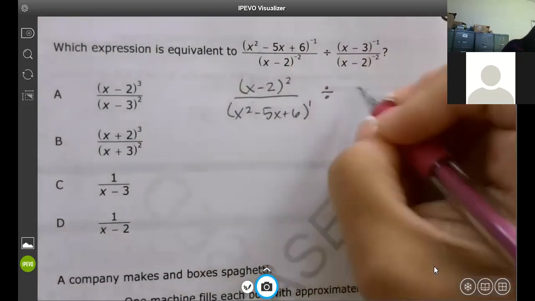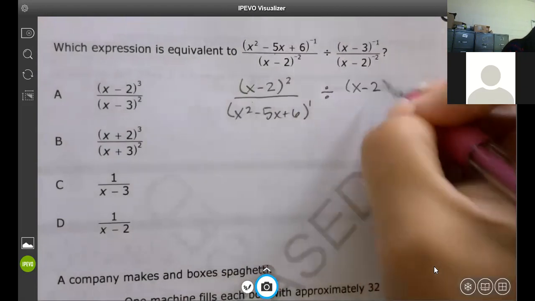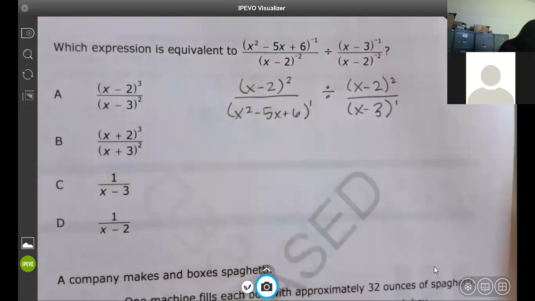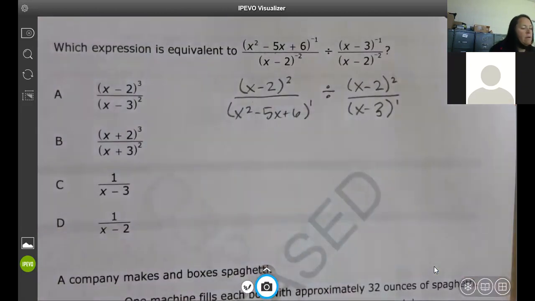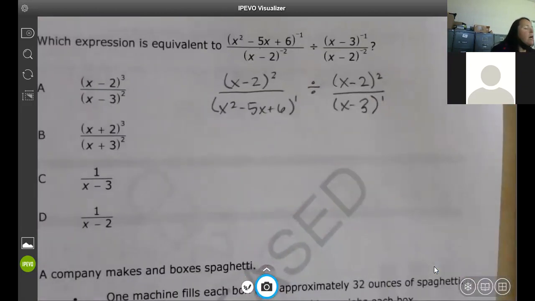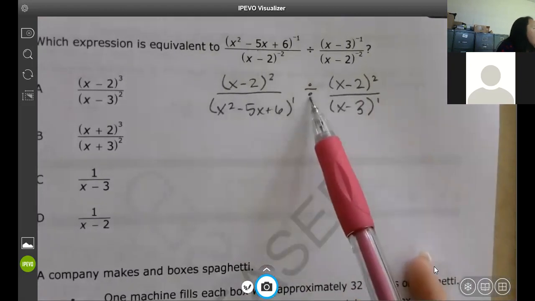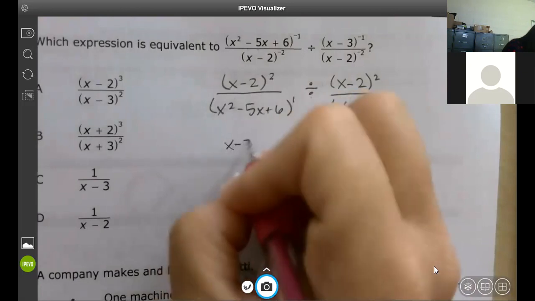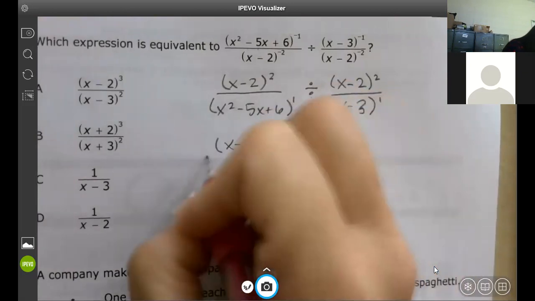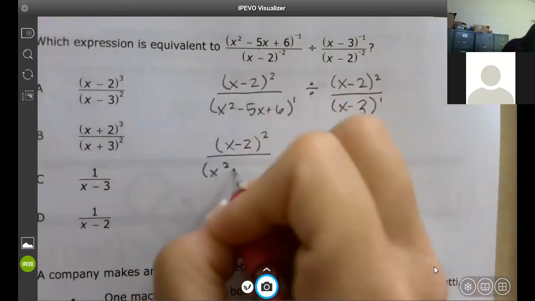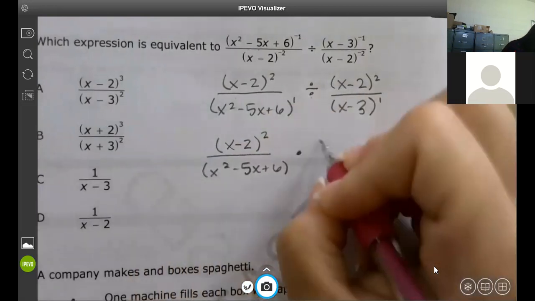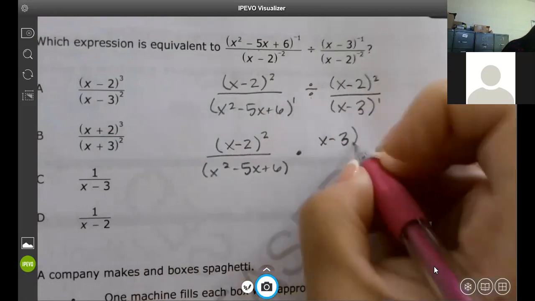Flip the other one too, because they're both negative exponents, x minus 2 squared over x minus 3 to the positive 1. And then a long time ago, I told you guys that we don't divide fractions, we flip and multiply. So the first one stays the same. We're going to change it to multiply, and we're going to flip the second one.